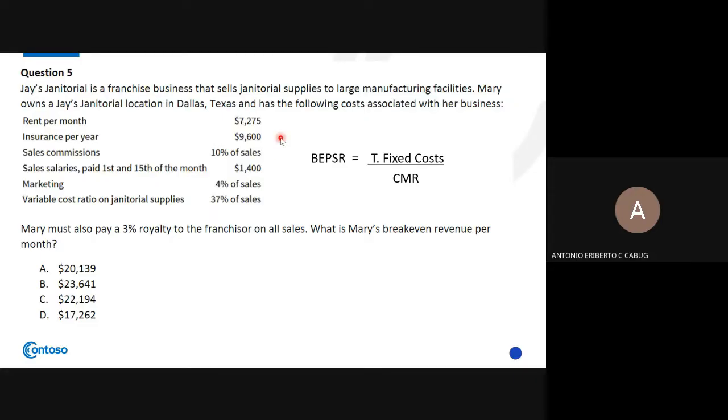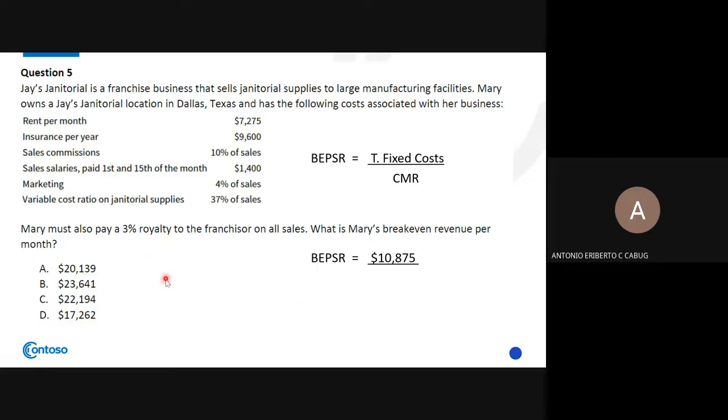Then you have 96 divided by 12, $800 lang kung i-prorate nyo monthly yung insurance. Salaries should be multiplied by 2. This should be 2,800. Kinsena kasi yung binigay, no? Per kinsena. So, the total fixed cost is 10,875.